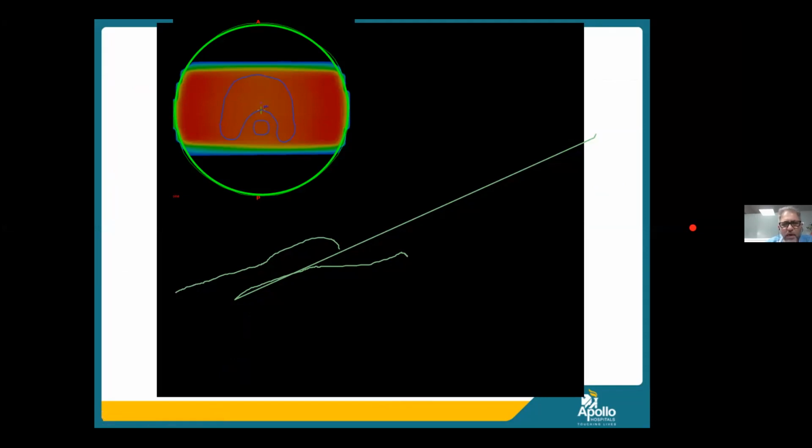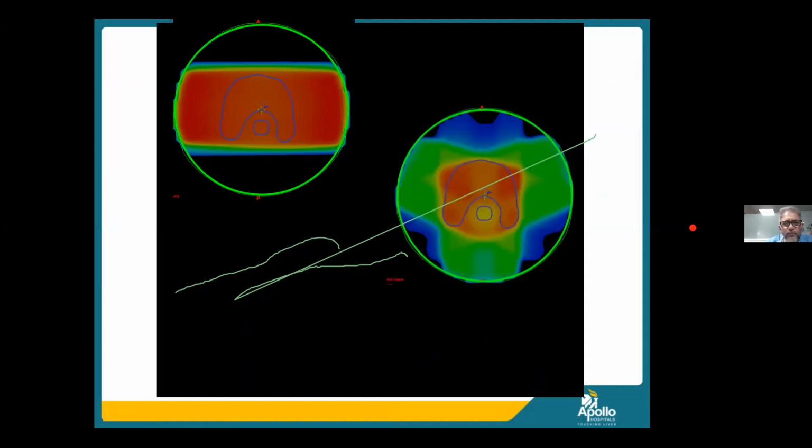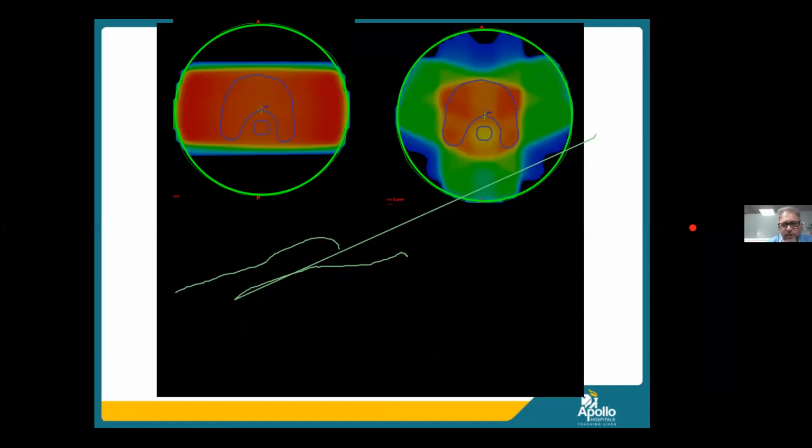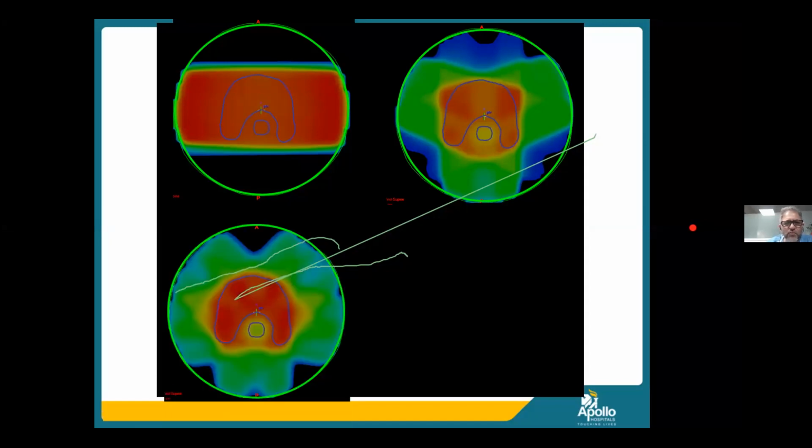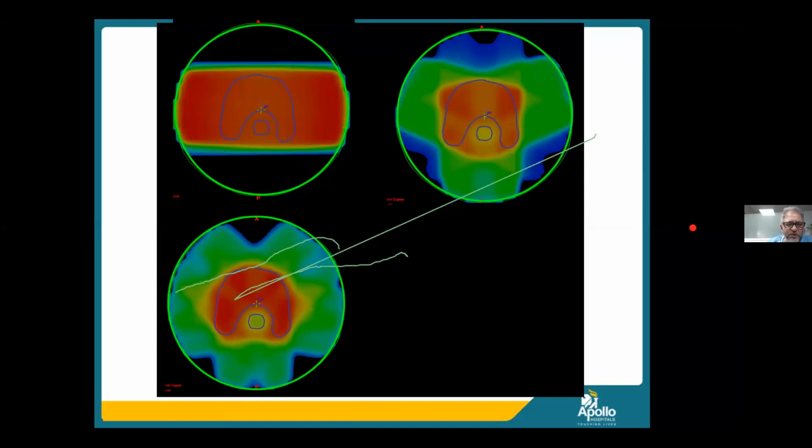Then if you became more sophisticated, we used multiple fields, sometimes 3D conformal therapy, and also went on to intensity modulated radiotherapy, which is perhaps the standard of care at the moment. You can see the sculpting of the dose around the critical structure, with sparing of the normal tissue.